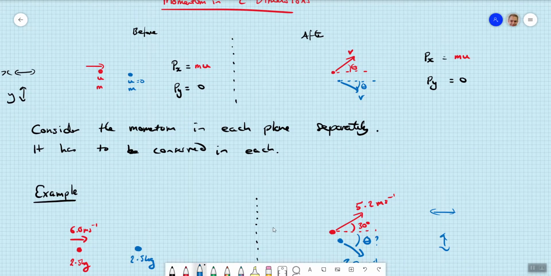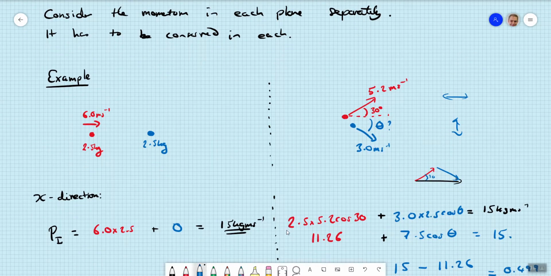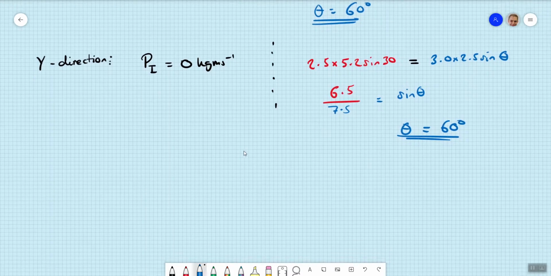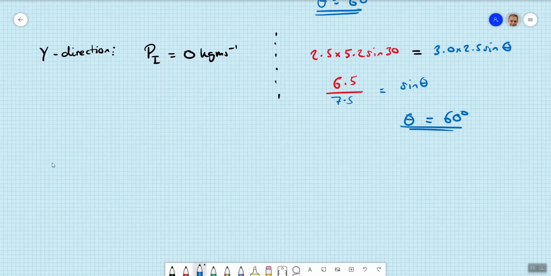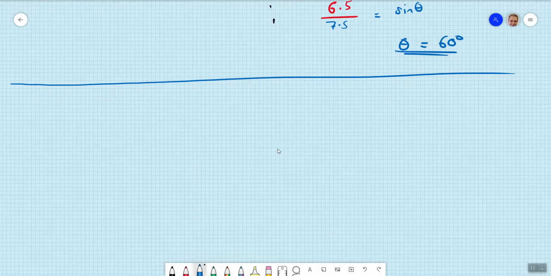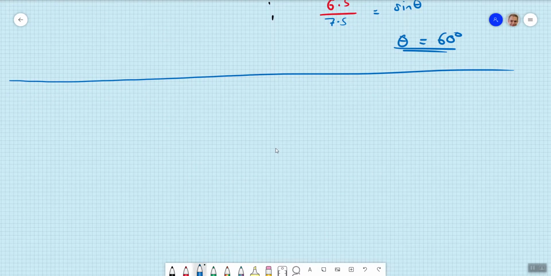So let's do an example where we go to town on it, just to show you how the conservation of momentum problem is perfectly solvable, but just involves taking the steps through several times. So let's make this as nonsensical as I can.